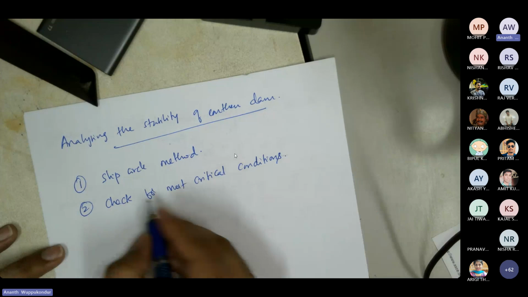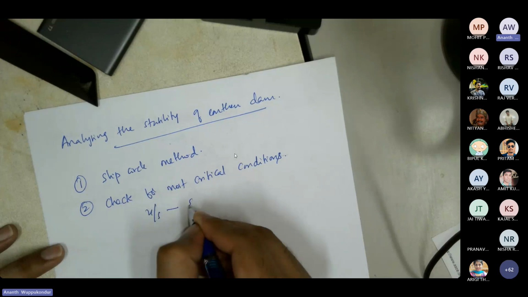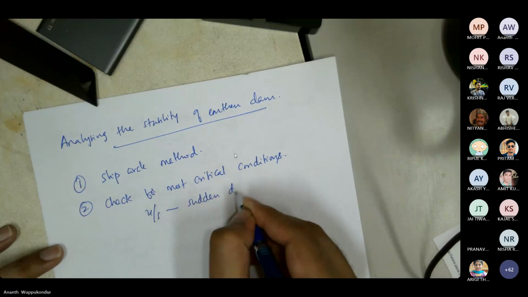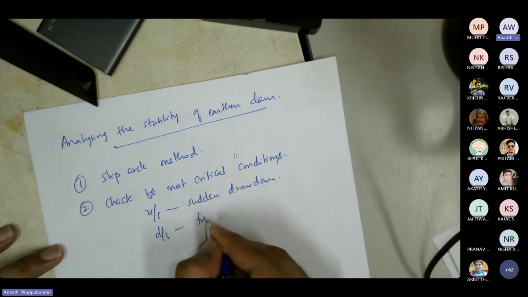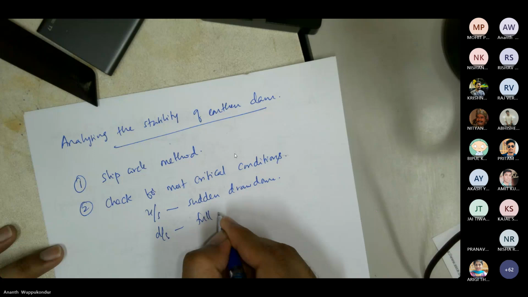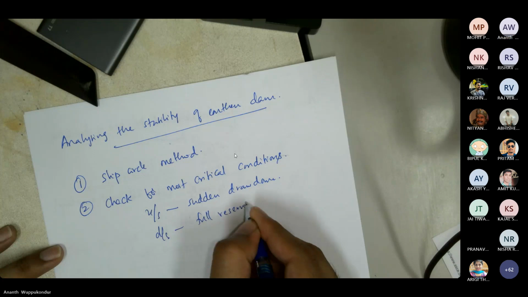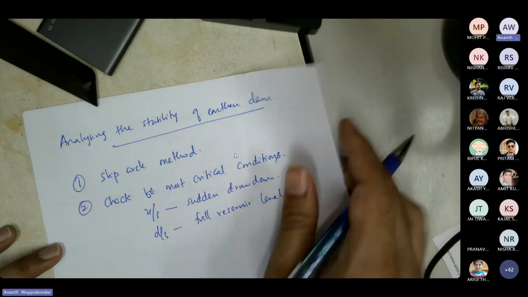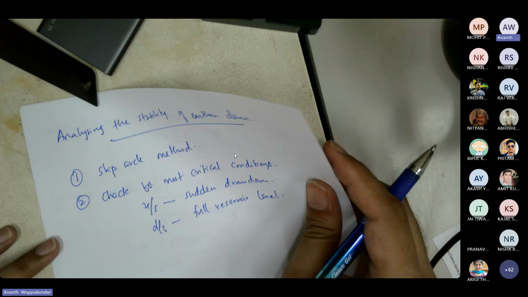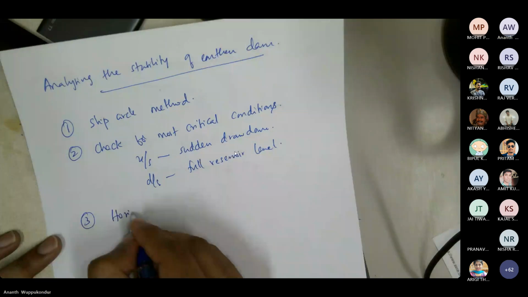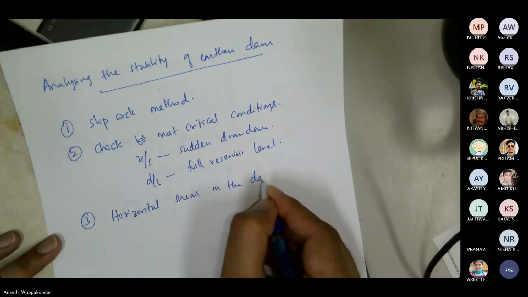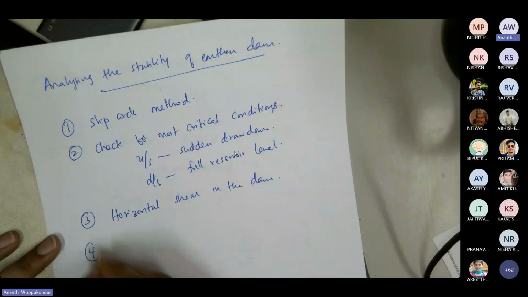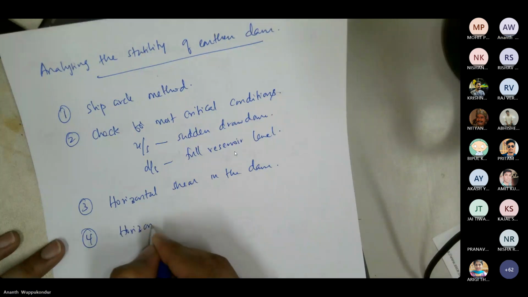The most critical conditions for upstream is sudden drawdown, and for downstream is full reservoir level. You need to check for these most critical conditions, and then check for horizontal shear in the dam, and also horizontal shear in the foundation.